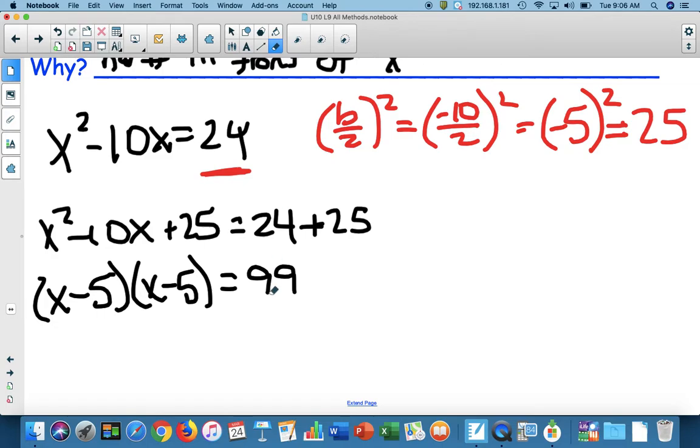Let me replace that with a 49. I apologize for that. Got a little ambitious, as they say. Alright. From here, we are going to rewrite and get x minus 5 squared equals 49. Now we're going to square root both sides.